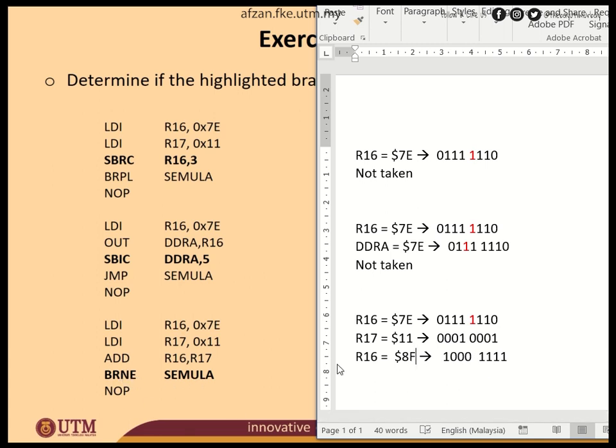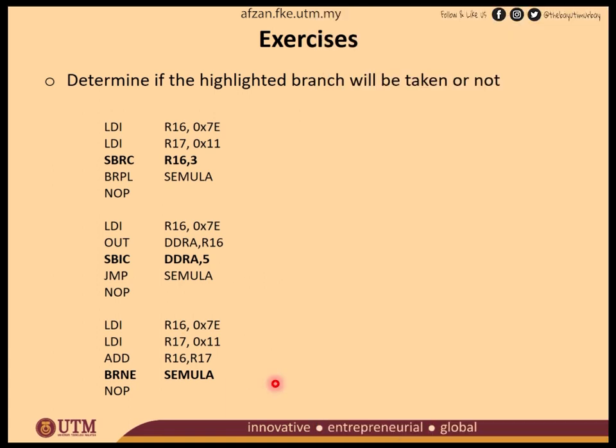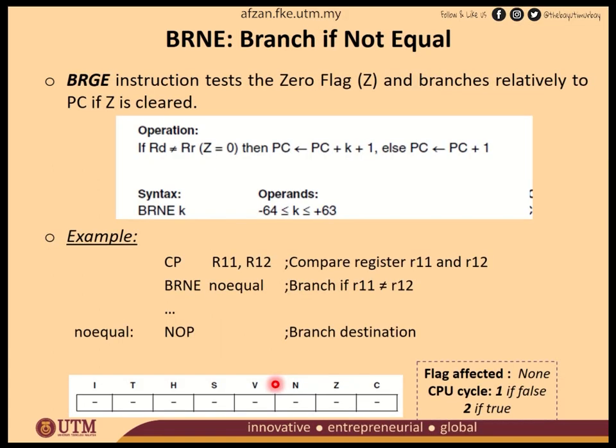Now BRNE. After you do this addition, what does the BRNE do? BRNE, branch if not equal, means that we need to check the Z flag. If Z is clear, then we branch. If Z is 1, then it does not branch.